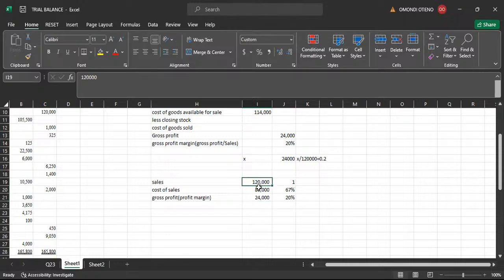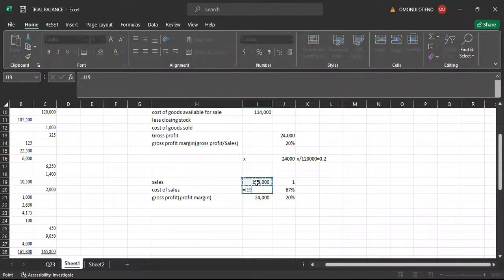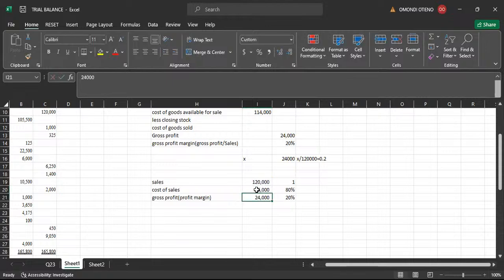I will take 120 minus 24, the gross profit, because I've been given it here. So I'm working backwards to be able to get the cost of sales. You are able to see that my cost of sales is 80% and my gross profit margin is 20%. That is what the examiner has given you.